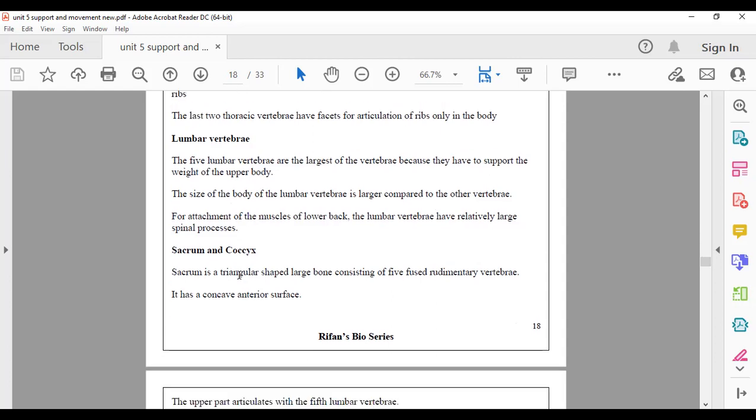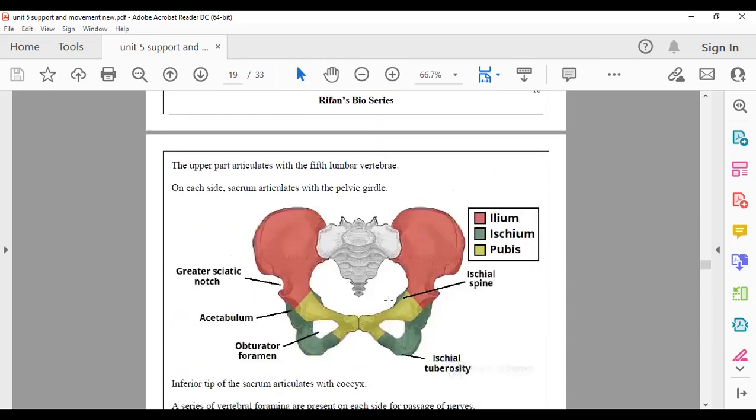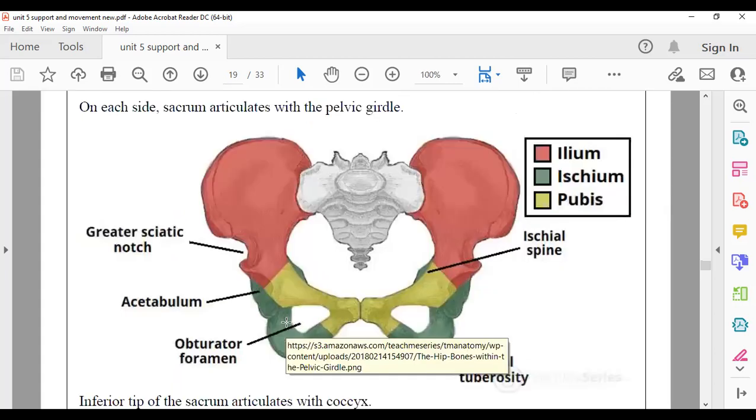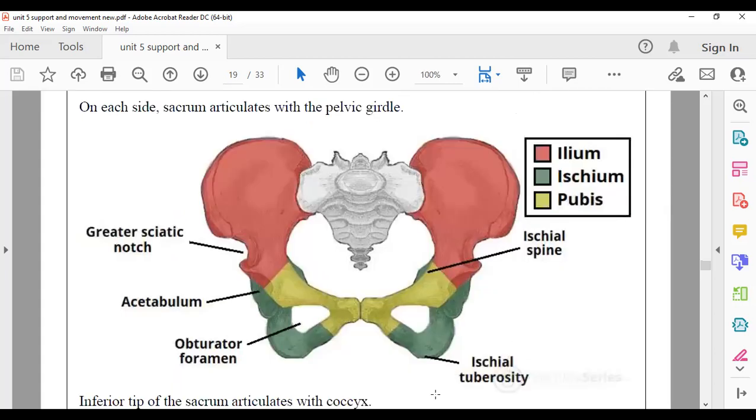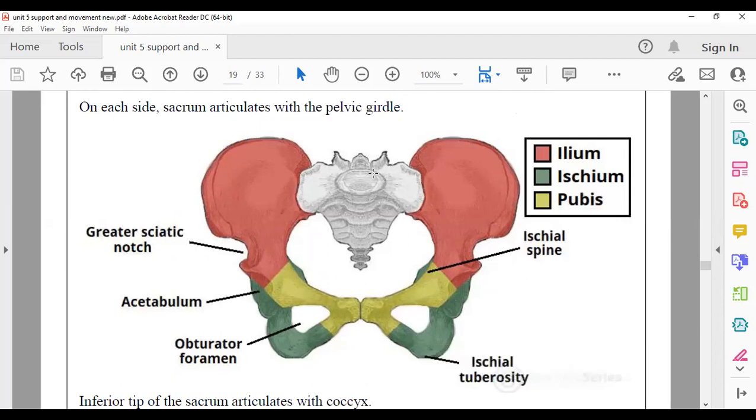Okay, and sacrum. If you take sacrum in this picture, actually this is called our pelvic girdle. Later we will speak about the pelvic girdle.